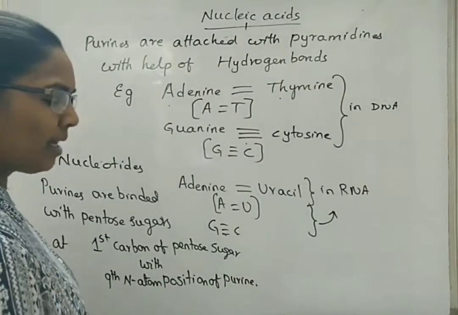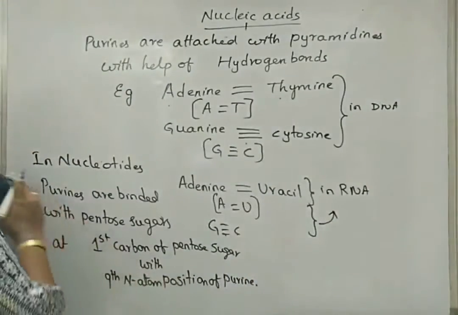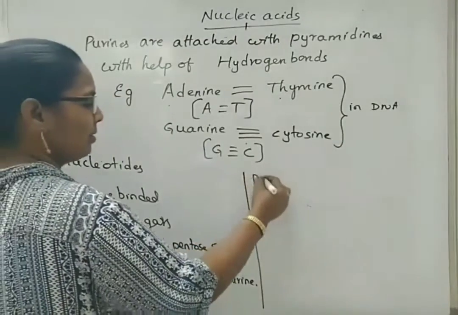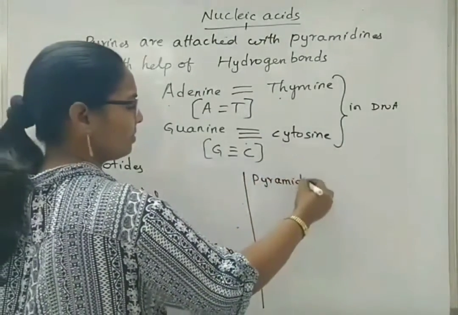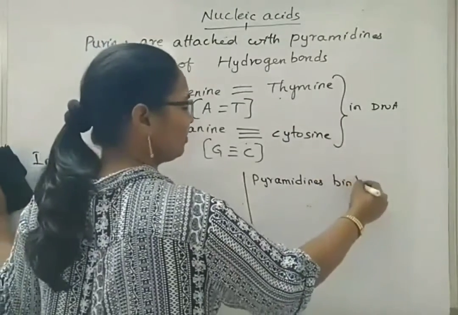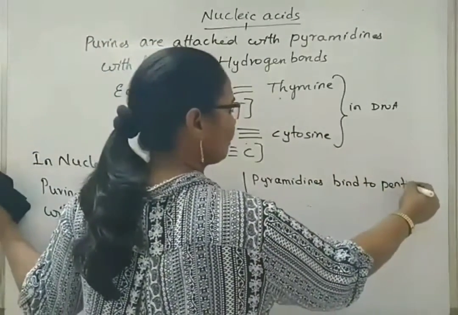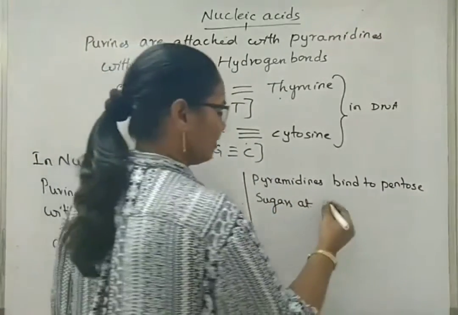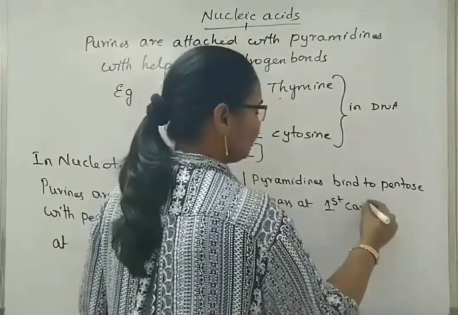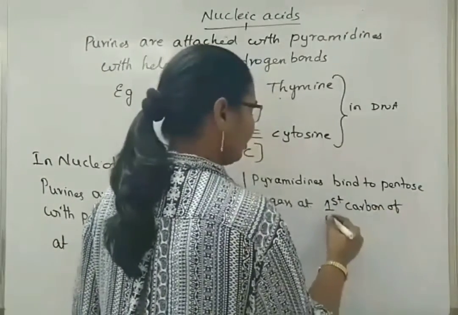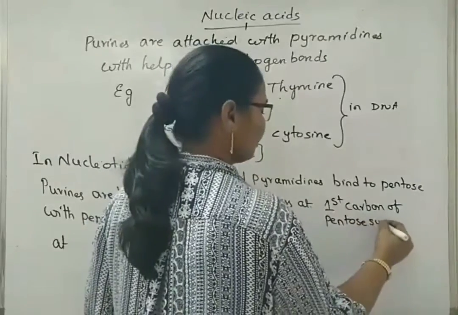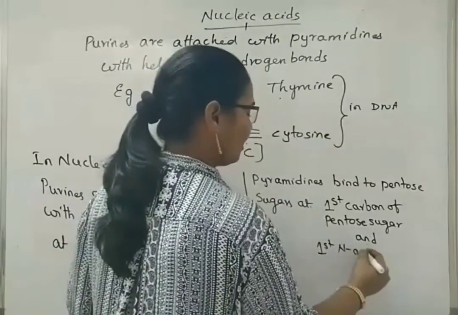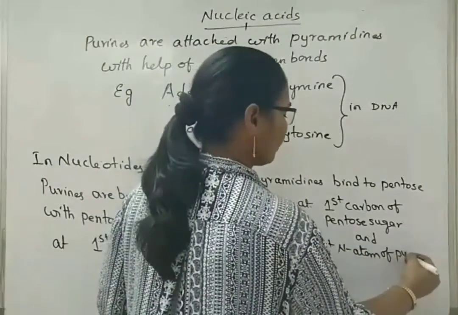Then how are pyrimidines bound? I am going to erase this one. Pyrimidines bind to pentose sugars at the first carbon of the pentose sugar and the first nitrogen atom of the pyrimidine base.